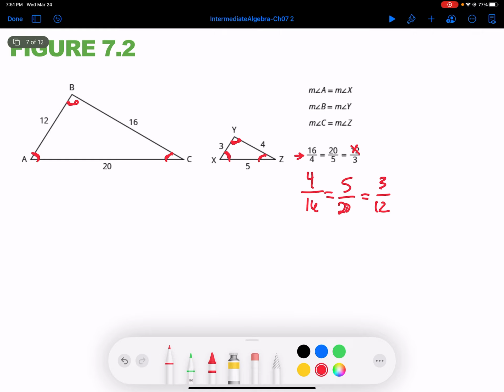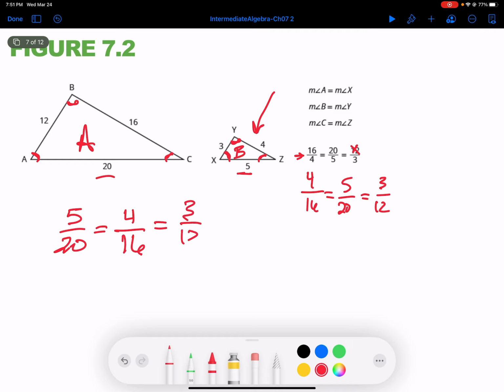So for example, if I'm choosing to associate 5 and 20, I'm going to do 5 and 20 here, then that means I have to go back to, let's call this triangle B, and call this triangle A. Then I have to go back to triangle B first and pick my next number. So my next number is going to be 4 and 16 and 3 and 12.